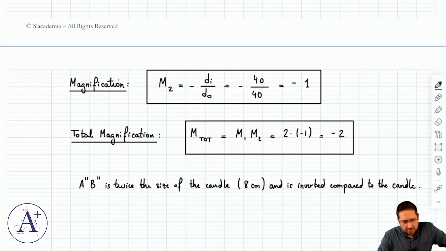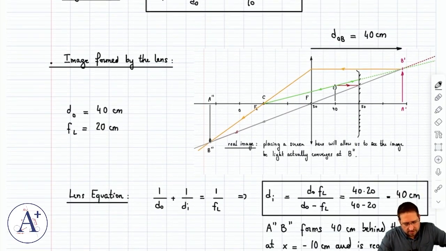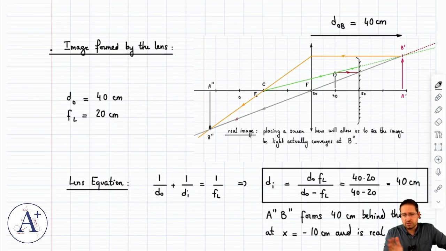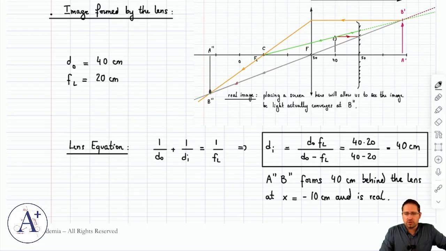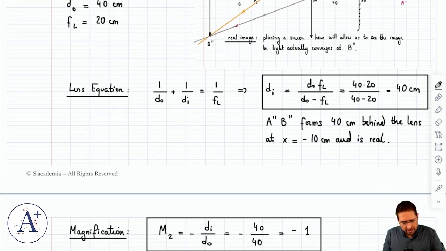Because it turns out that everything that I did here, even though I did it with the drawing because it helped, I could come to all the same conclusions that I came to with ray tracing just by looking at the sign of the image distance and the magnification, right? It would tell me if it's upright or inverted, bigger or smaller, real or virtual. I could tell just by doing the math, but therefore it matters, right?